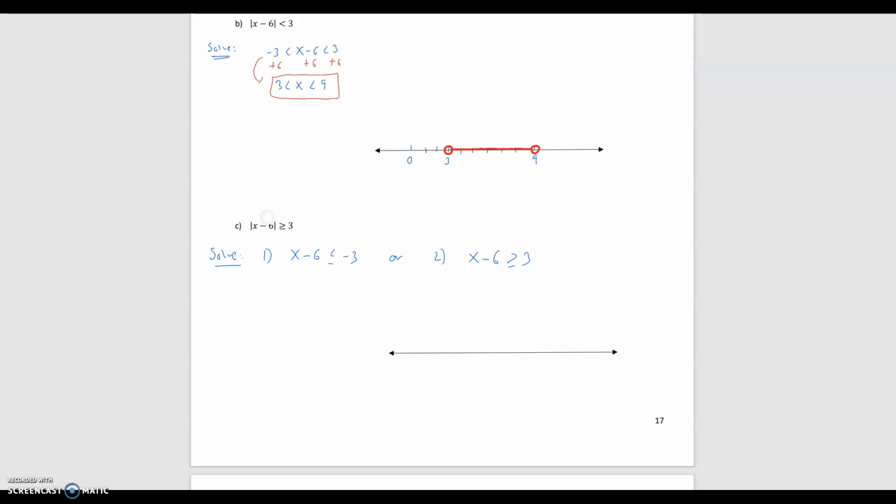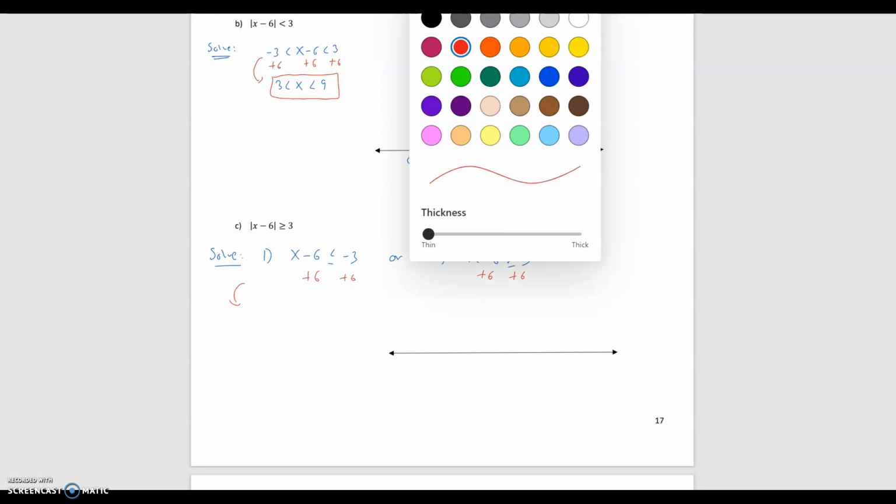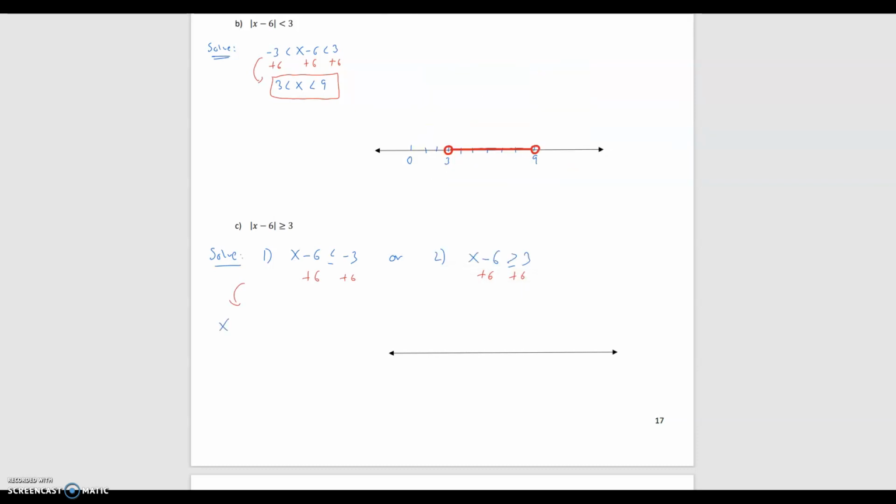So technically the original inequality with no absolute value and less than or equal to negative 3, which means this region here. And then same idea, we're just going to add 6 and add 6, and to the other one we're also adding 6. So we would end up with x is less than or equal to 3, or x is greater than or equal to 9.